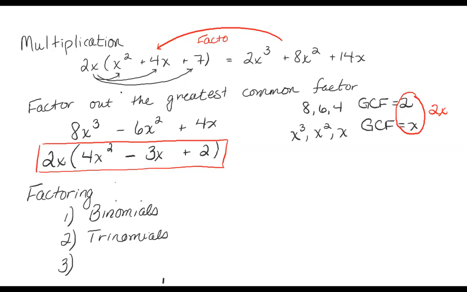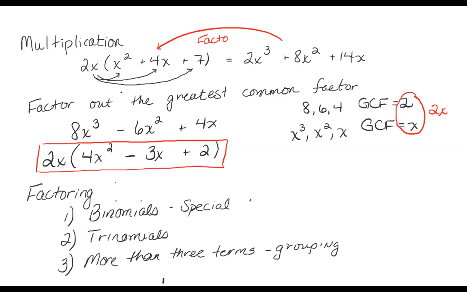In this third case, we will usually use the grouping method. In the binomial case, we will make use of some special factoring rules.